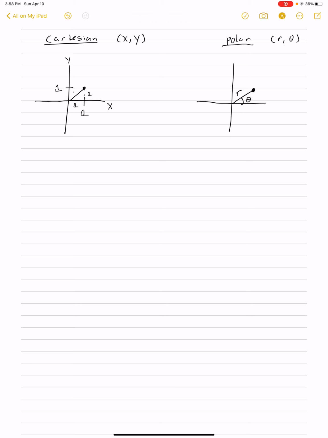So we know that, hey, r squared is equal to x squared plus y squared, which is going to be 1 squared plus 1 squared, and so we get r is equal to the square root of 2. We also know that, hey, if we think about the Cartesian point with an angle, that tangent of theta is going to be y over x, which in this case is 1 over 1, and that implies theta is equal to pi over 4.